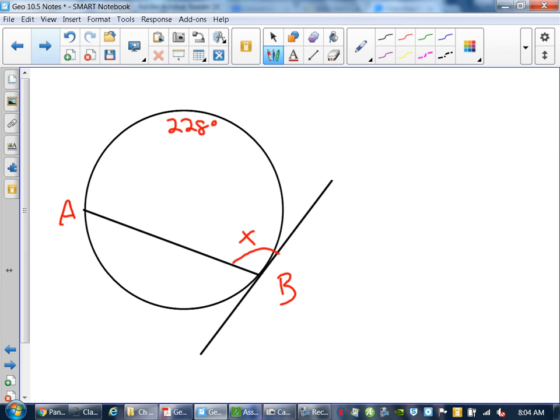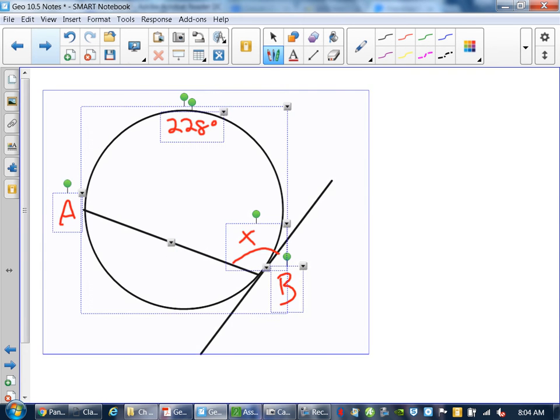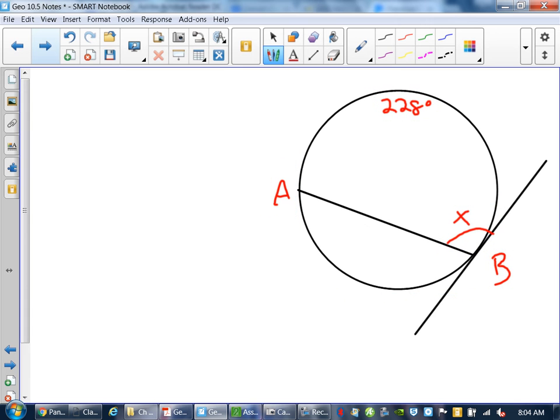Was this angle created by outside, inside, or on? On. So that means the angle's going to equal half of what? 228. Correct. Since this is an on, our angle equals half the measure of the arc.